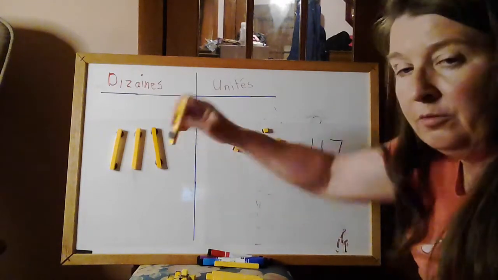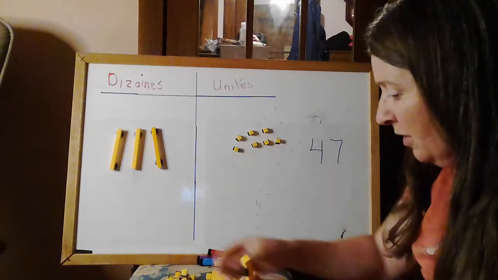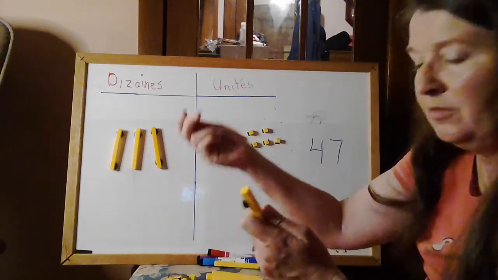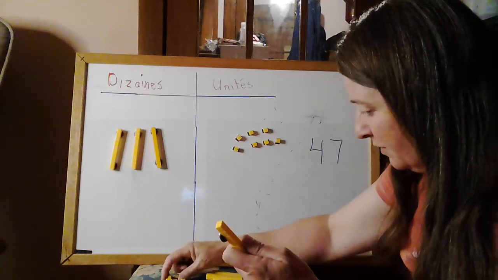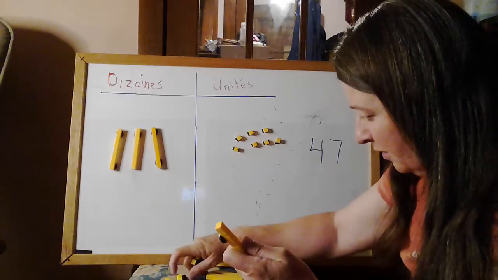If I wanted to, though, I could take this group of 10 and I could trade it for 10 ones. 1, 2, 3, 4, 5, 6, 7, 8, 9, 10.